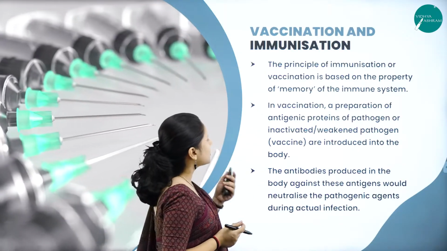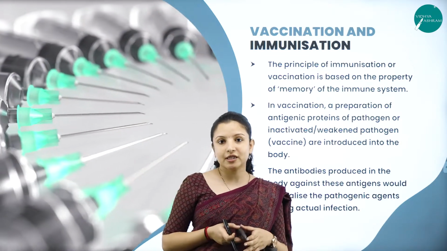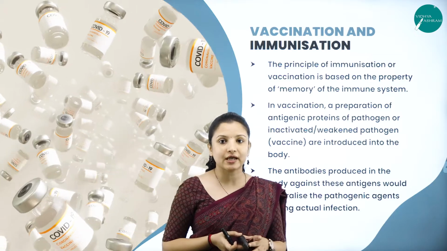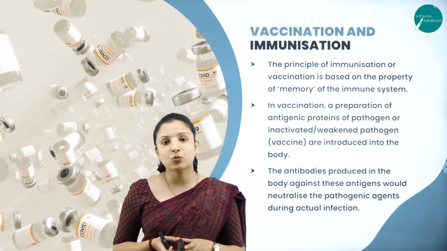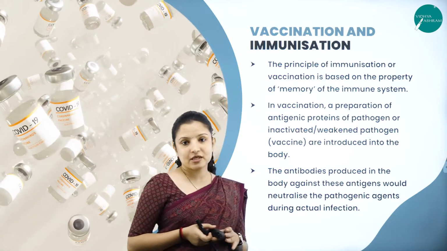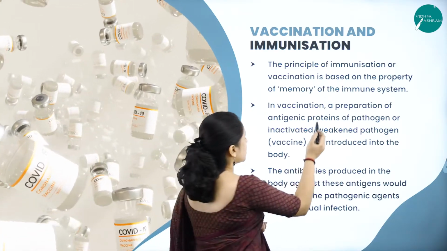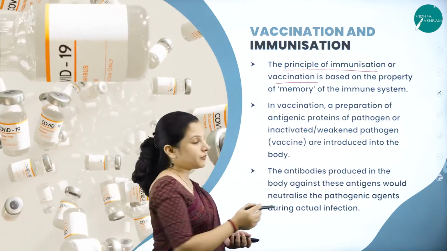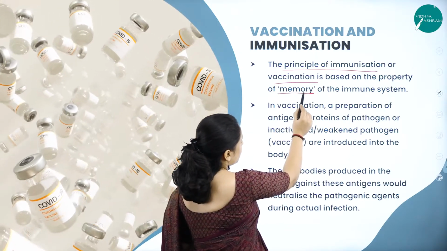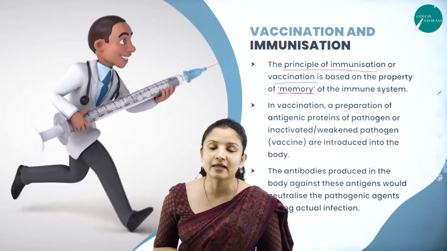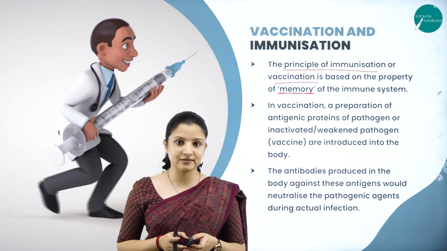So to begin with, before moving on to study the immune system, let us understand what vaccination and immunization is and why it is very important. The principle of immunization or vaccination is based on the property of memory of the immune system. In the previous session also we had studied the memory of cells, right?